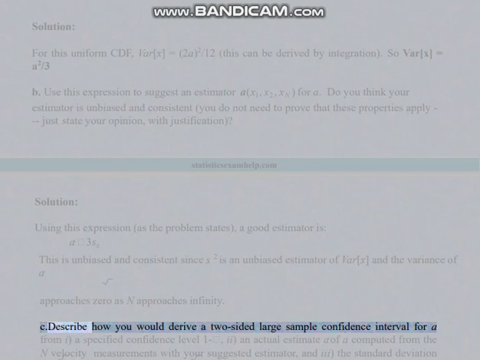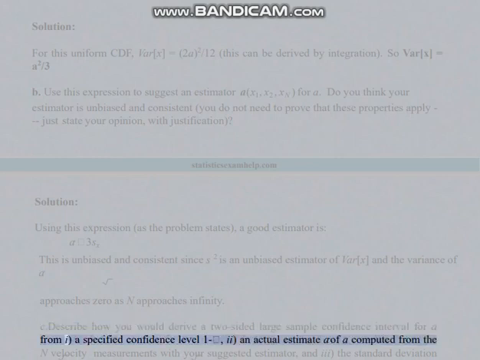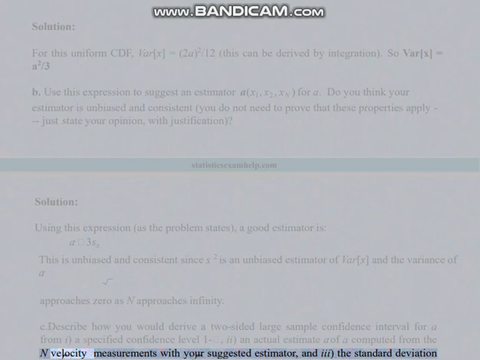C. Describe how you would derive a two-sided large sample confidence interval for a from 1, a specified confidence level 1 minus alpha, 2, an actual estimate a hat of a computed from the n velocity measurements with your suggested estimator, and 3, the standard deviation of a hat. Describe your procedure step by step so it could be carried out with a real dataset. Solution.